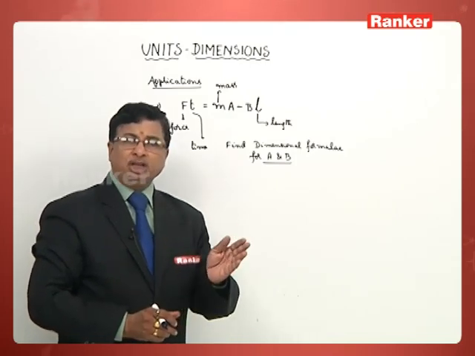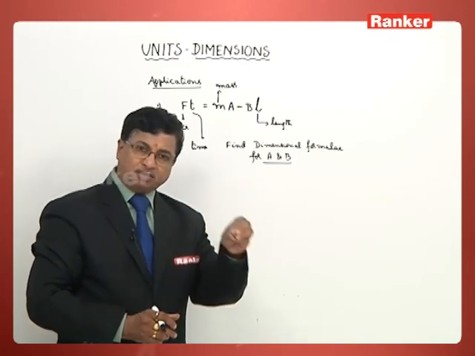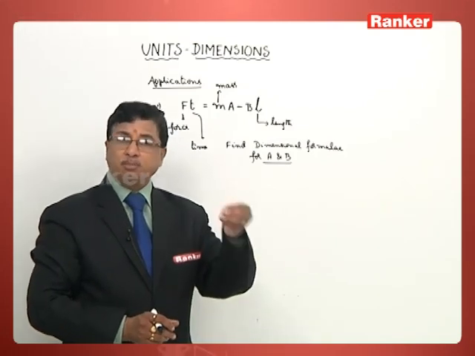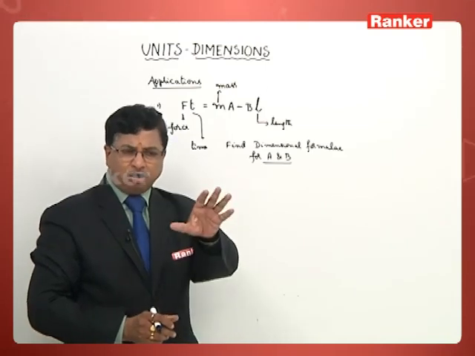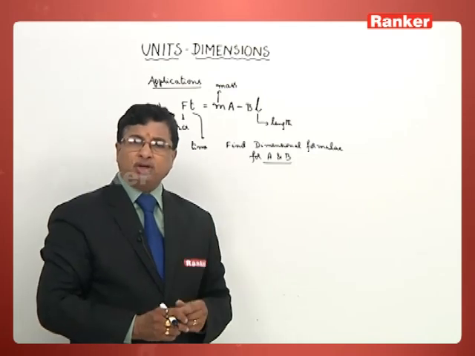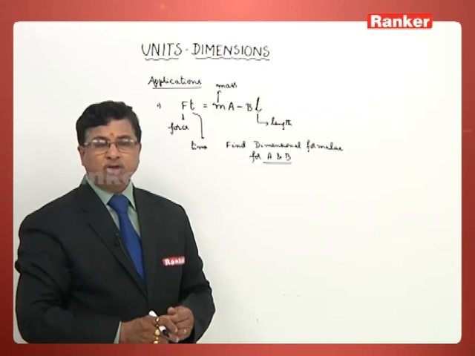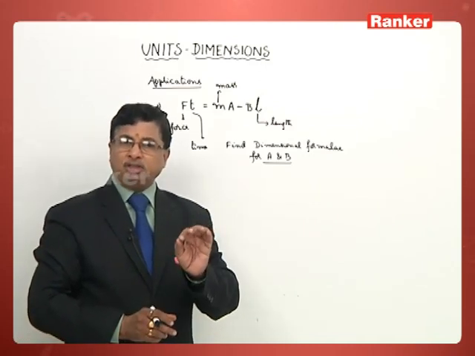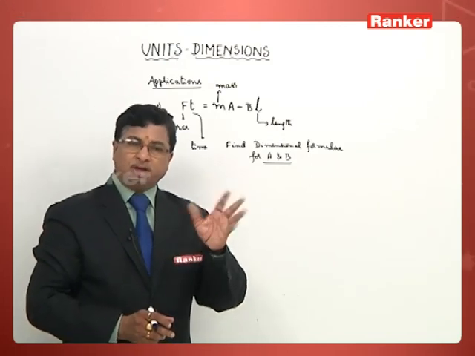Similarly, velocity plus acceleration is not correct. So acceleration plus acceleration, velocity minus velocity, acceleration minus acceleration, all these are valid. Whenever you are adding two physical quantities or subtracting one from the other, both should belong to the same category. Then only can we add them or subtract one from the other.